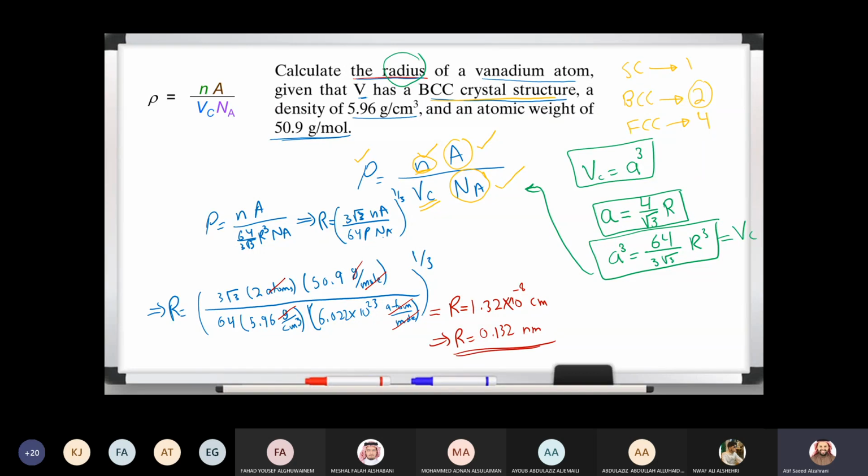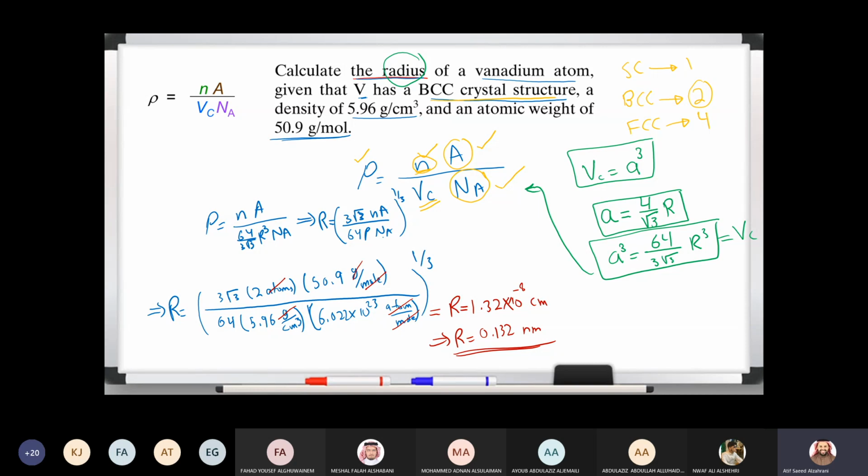Any questions, guys? Doctor, do we use the angstrom unit? It's up to you. Sometimes the question will not ask; here he's asking to find the calculated radius and did not say anything about the units.